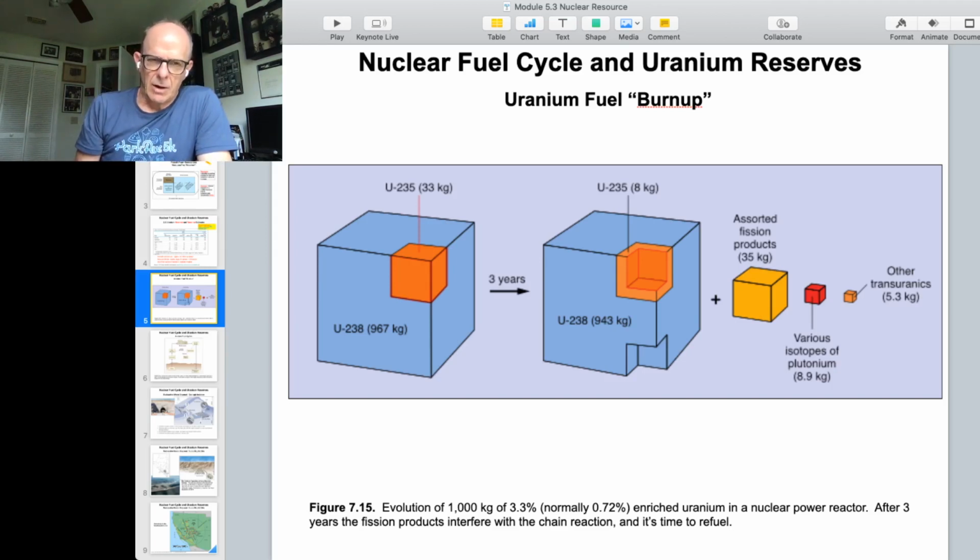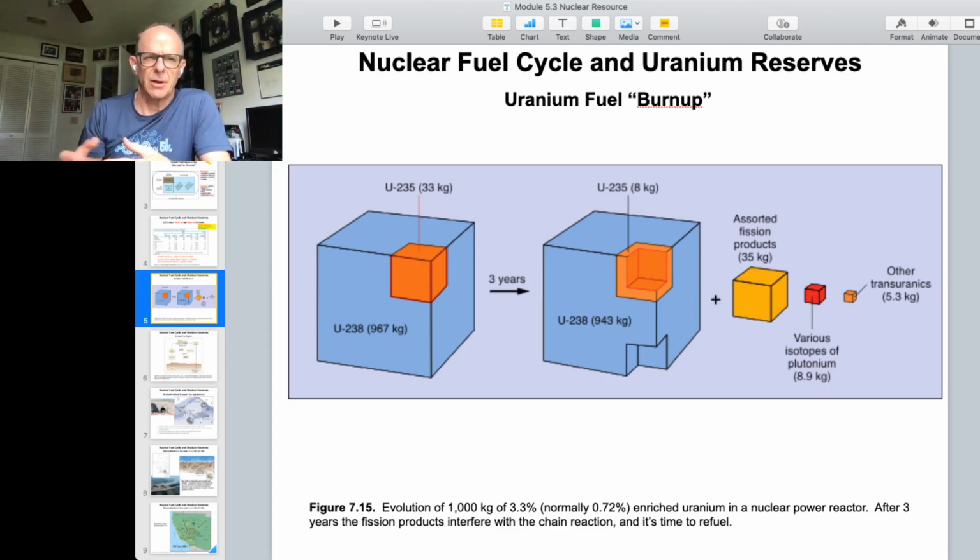To make the chain reaction actually viable in a nuclear reactor and produce enough useful energy in the process, 0.72% doesn't cut it. So the raw uranium ore is enriched, and that means that it's processed to increase the concentration of uranium-235 and throw away some of the uranium-238 in the process. So there's an enrichment process that happens before what is shown on this slide, and these atoms are all mixed up.